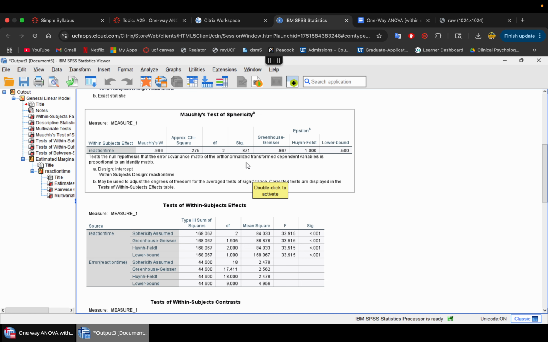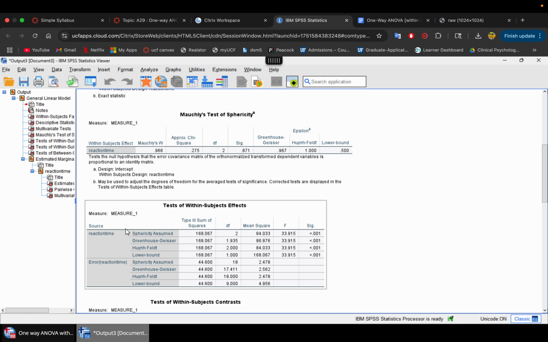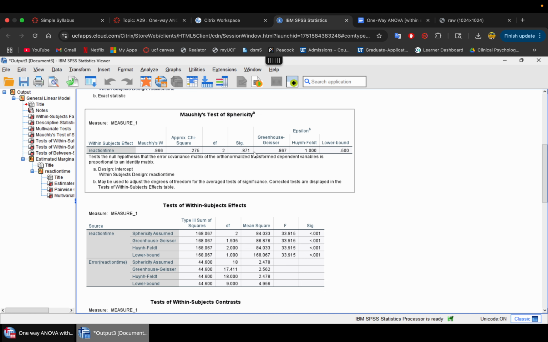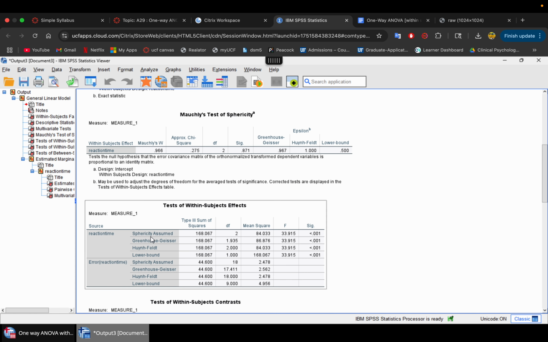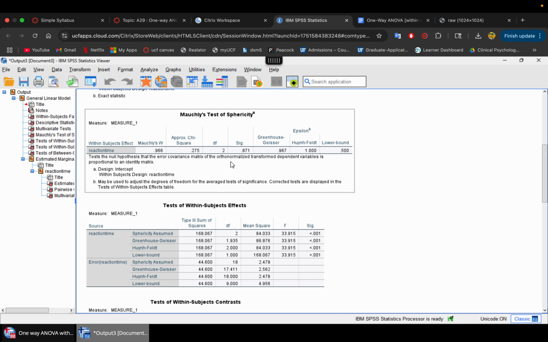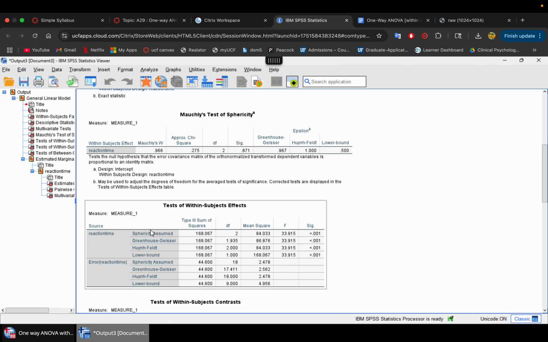If the significance is above 0.05, it's going to be this sphericity assumed, and if it's lower than 0.05, it's going to be this Greenhouse-Geisser we're going to look at. Since it is above 0.05, we're going to use this top line, the sphericity assumed, and look all the way down, and we do see that it is less than 0.05, so it is significant.